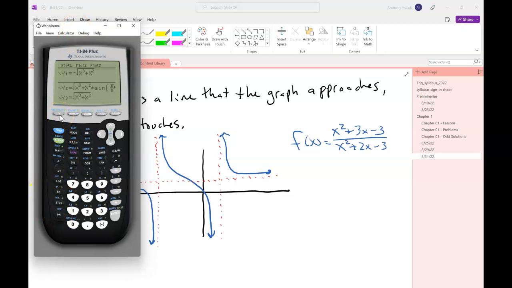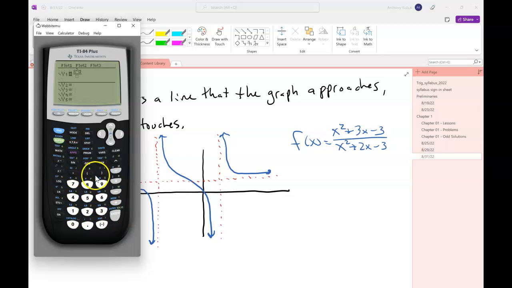So to graph something, I press the y equals button. Just clear out some of this stuff from earlier today. Now this kind of a function here, I would recommend using that fraction command that we've talked about. So I can access that by pressing alpha, y equals, and then choosing that first option.